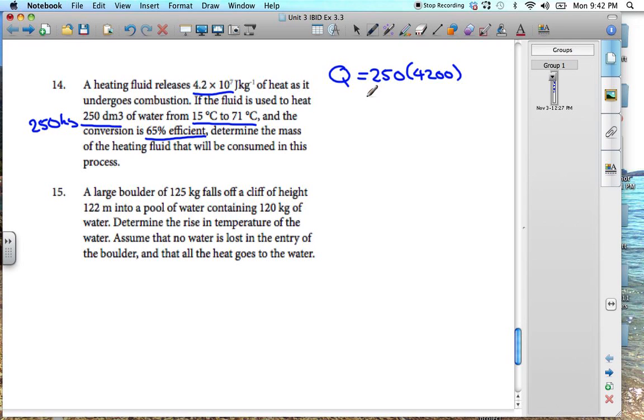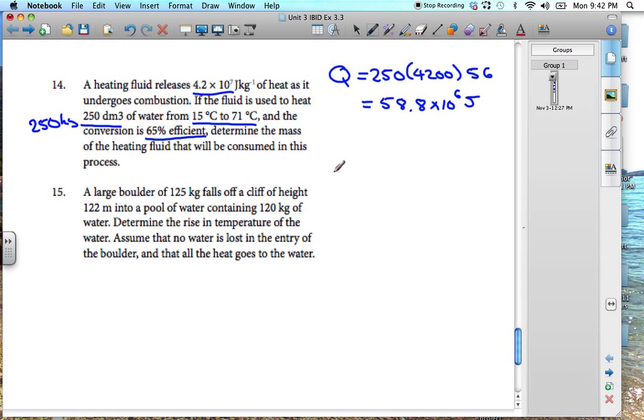Is that correct? Please always just check my numbers. I'm quite liable to make a mistake here. So we're going to get 250 times 4200 times 56. So we get 58.8 times 10 to the 6 joules.